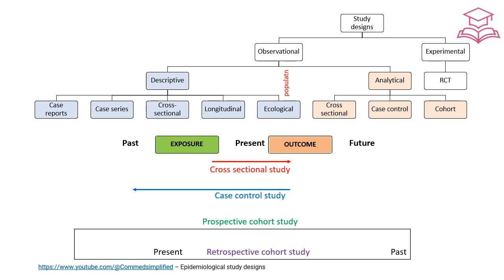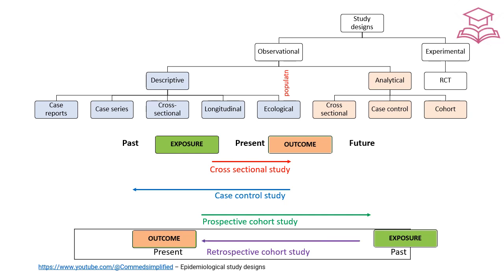to the outcome. In prospective cohort study, it is forward looking from exposure to outcome and the outcome is in the future. Whereas in retrospective cohort study, it is also starting from the exposure to outcome, but the outcome is in the present and exposure is in the past.